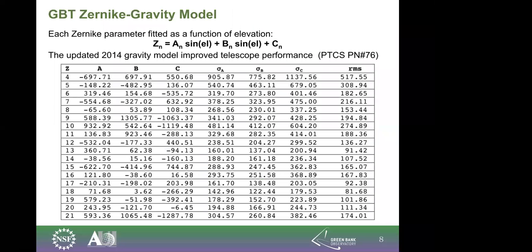All right, so a little bit more on the Zernike gravity model. Each Zernike polynomial is fitted with a function of elevation, and that's what these polynomials shown here are. If you can see my cursor, you have an sine of the elevation, bn sine of the elevation, and each of these different polynomials can have a different value.